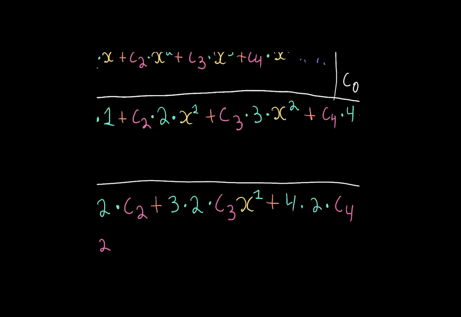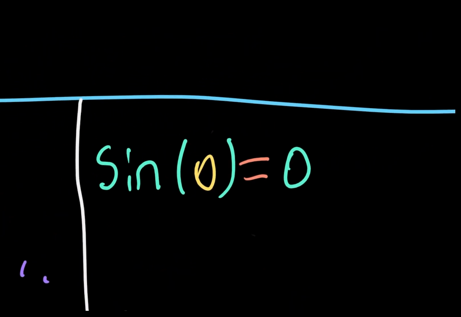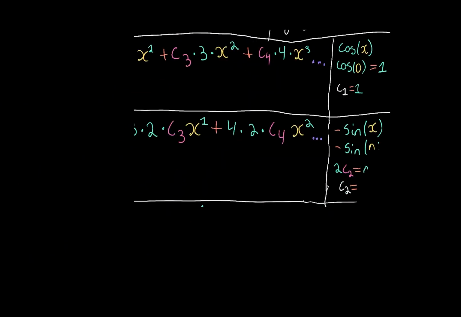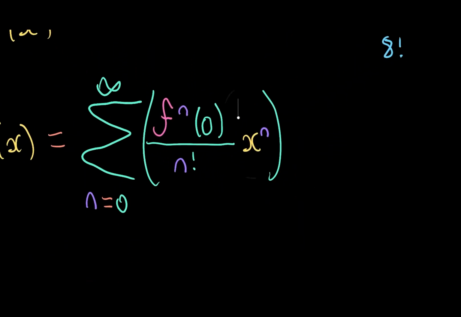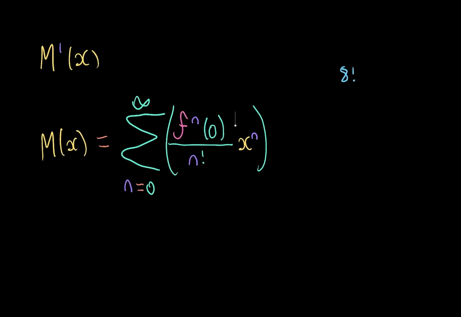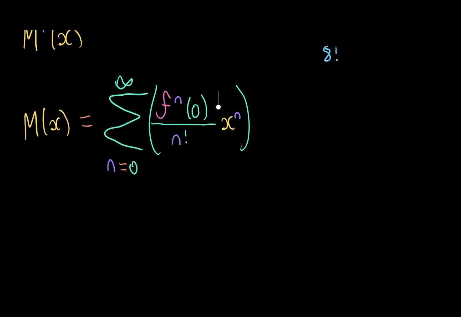How we took sine of 0 and all that. Sine of 0, and that's where we centered it. That's why we have our f to the nth derivative. So pretty much what we're saying here is, let's start at 0.